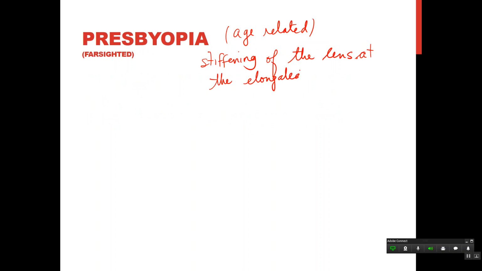So you have an elongated lens. You're looking at an object that's close. And if it's elongated, it's not bending light enough. So therefore, it's going to converge behind the eyeball, even though you have a normal sized eyeball.